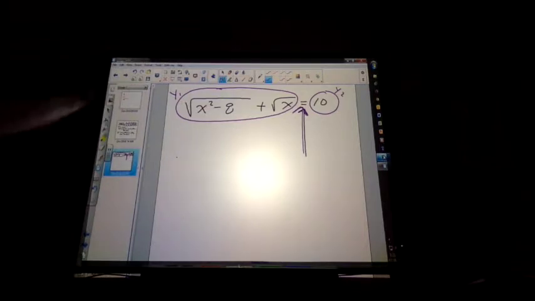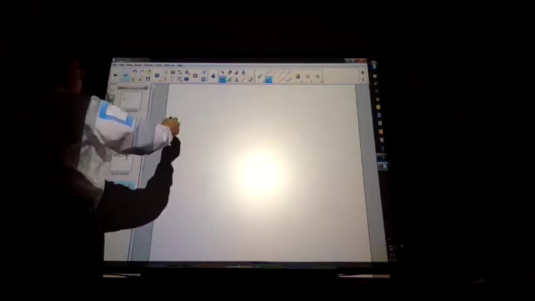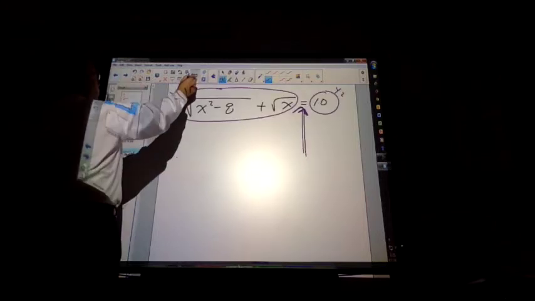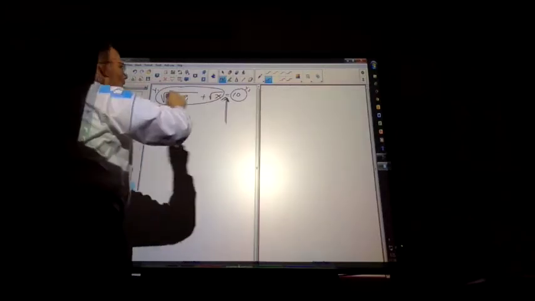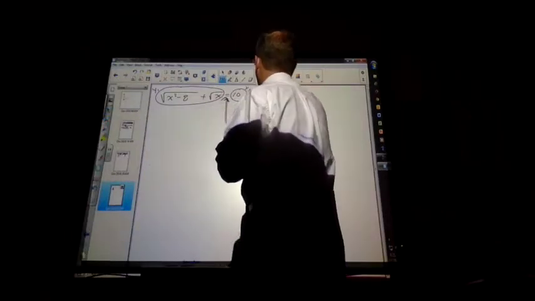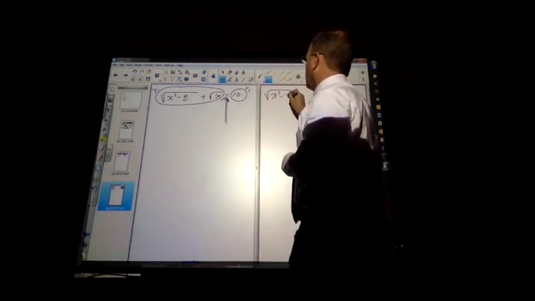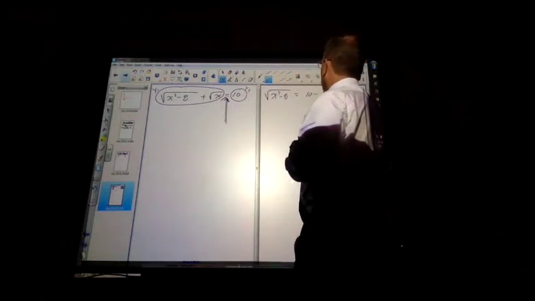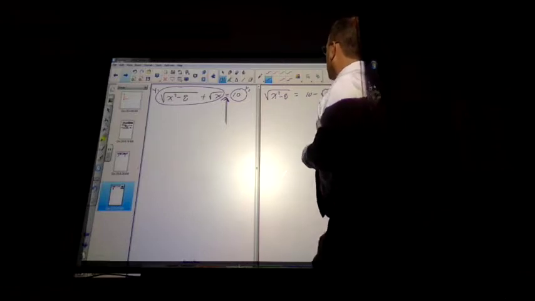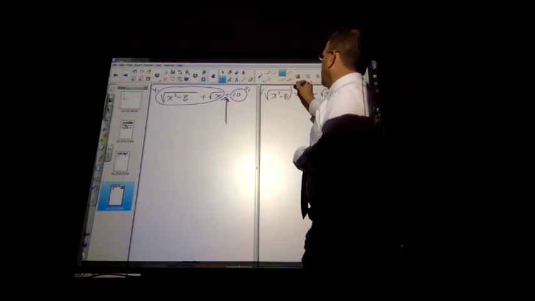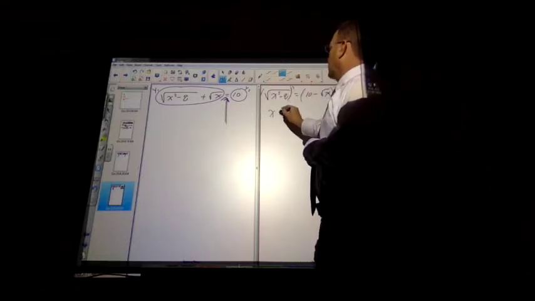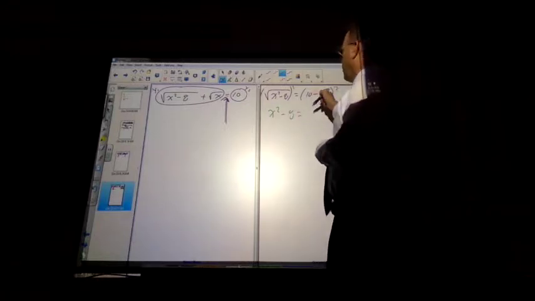If I went and solved that problem, let's go back, split it. If I were to try and solve this, the way I'd go about doing this problem algebraically would be like this. I'd do that first. Put that in parentheses, square both sides. X squared minus 8 equals, FOIL that.